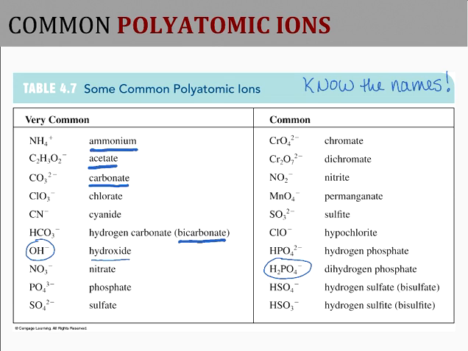Hydroxide is important, nitrate, phosphate, and sulfate. So those are a few of the more common polyatomic ions that we'll see. All of these are common, but those few that I underlined come up quite a bit.